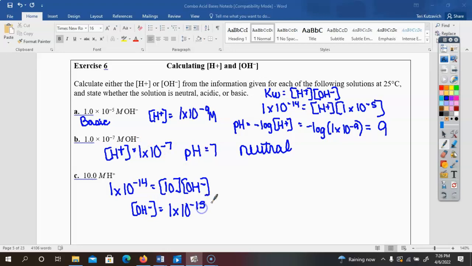I'm just doing this one a little bit differently. Let's compare our H plus. It is definitely greater than our OH negative, so it's acidic. Could have done that for all of these. Say I don't want to do that. Say I want to find my pH. pH is negative log of 10.